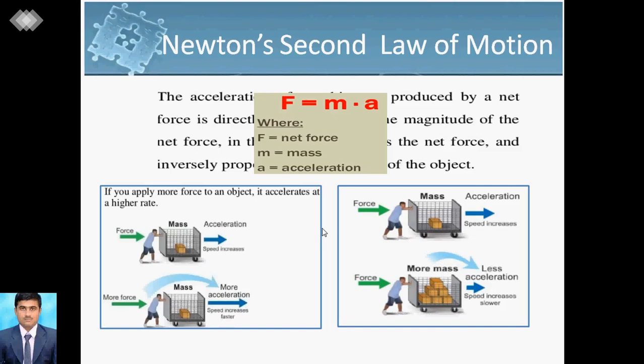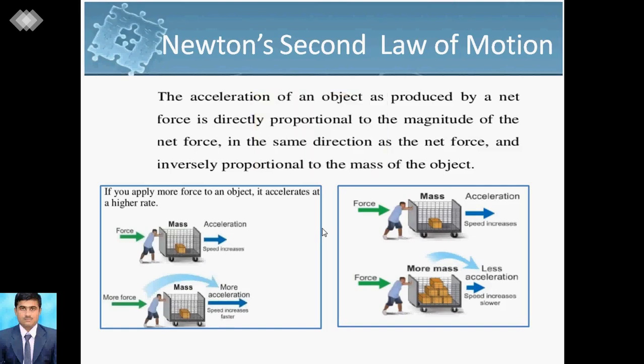The acceleration produced by the net force is proportional to the magnitude of the net force, in the same direction, and inversely proportional to the mass. So Newton's second law of motion is associated with only force, mass, and acceleration.